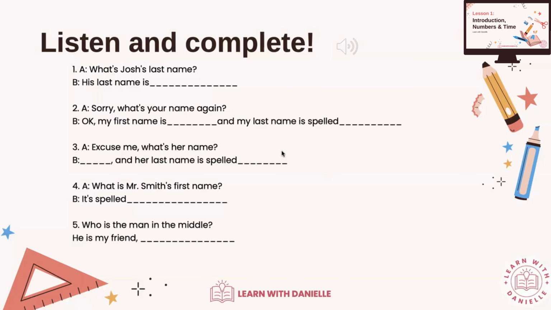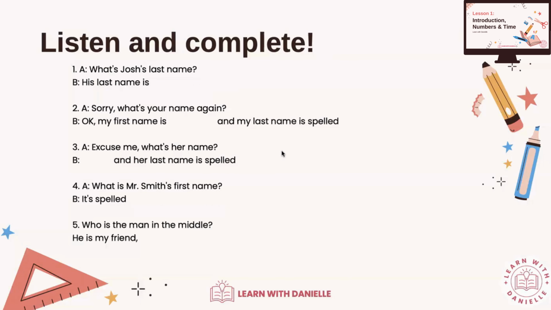Okay, that is our exercise. Now, let's see, what did you fill in the blanks? For number 1, we have Josh's last name. His last name is Smith. For number 2, the answer is Cameron, and the last name is Diaz.